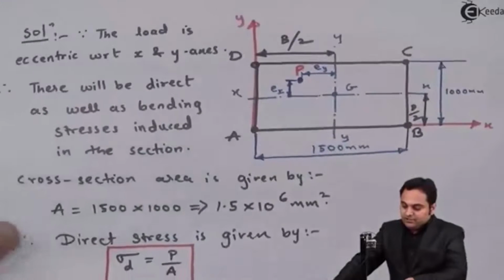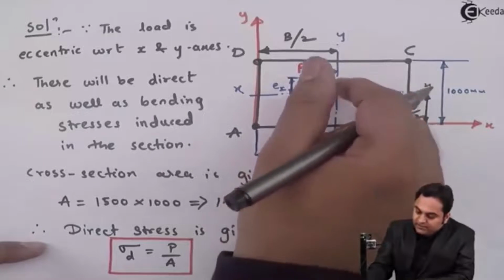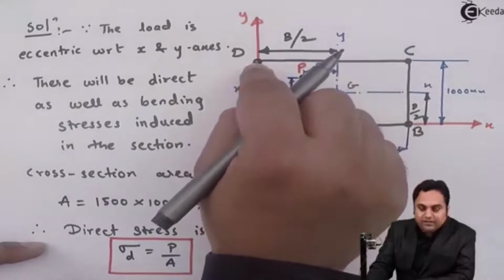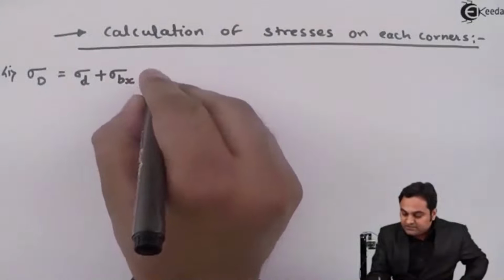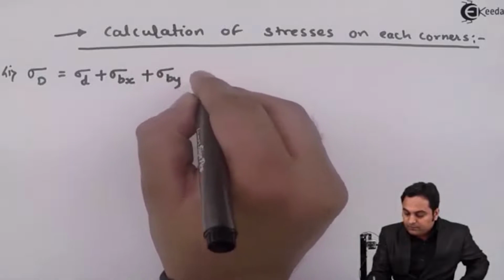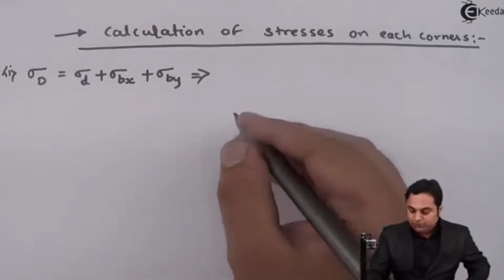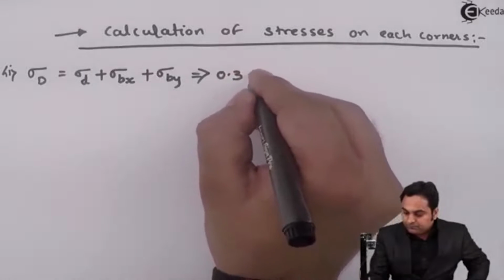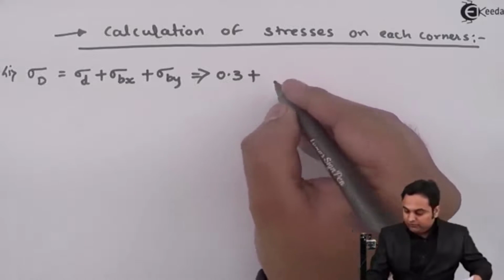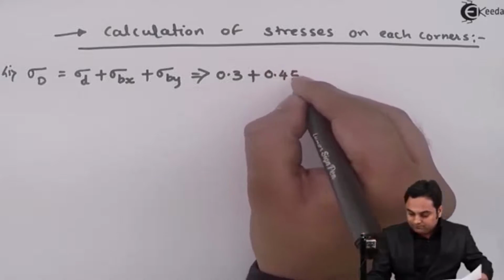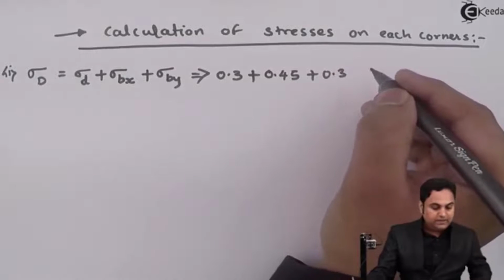Next, similarly, when we have eccentricity with respect to y and it is on this side, it will press point D, again there is compression of D, so here I have plus sigma by. Now putting the respective values, direct stress was 0.3, sigma bx is 0.45 plus sigma by is 0.3.